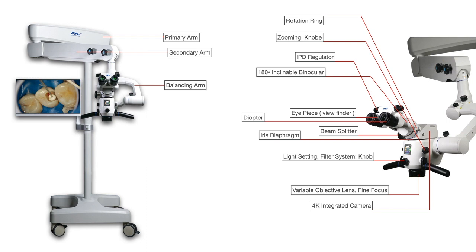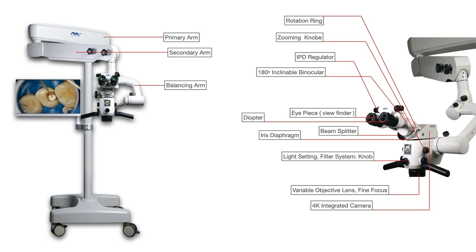So we have the iris diaphragm. This iris diaphragm is an important component of the microscope. It will increase the depth of focus. In the same way, it reduces the intensity of the light on your eye by 50%. I'm talking about this microscope because it is my microscope in my clinic.